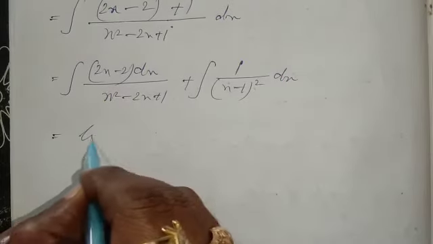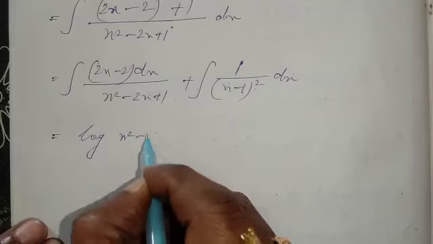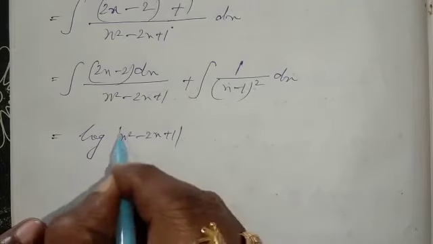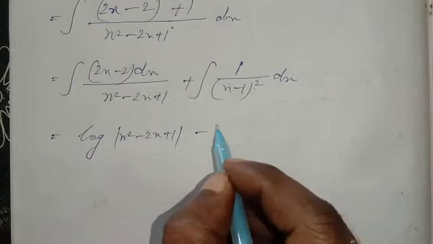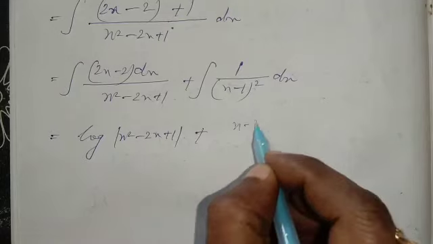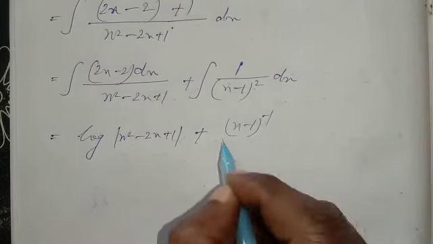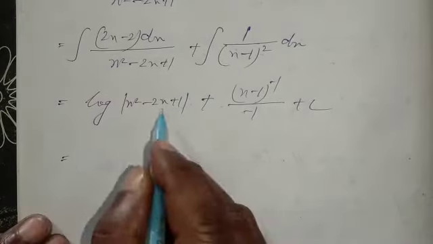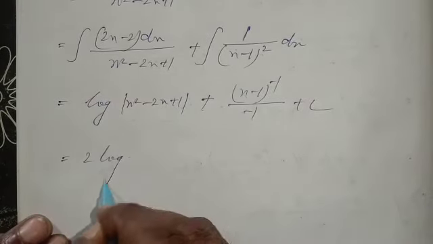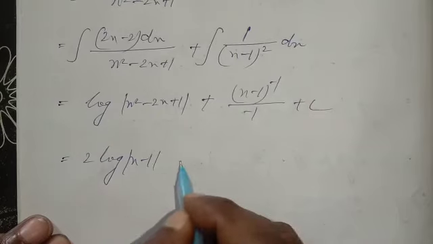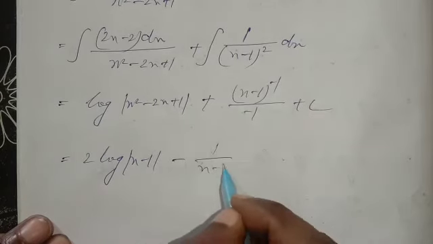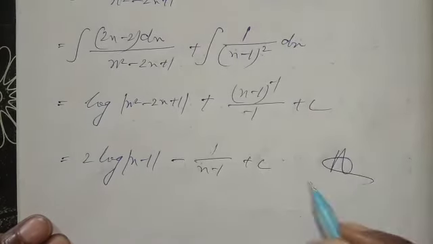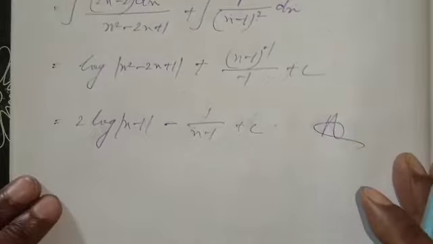Now this will be log of x square minus 2x plus 1, and this will be plus (x minus 1) to the power minus 1 by minus 1, plus c. The final answer will be 2 log of (x minus 1) minus 1 by (x minus 1) plus c. Question number 6 is also completed.